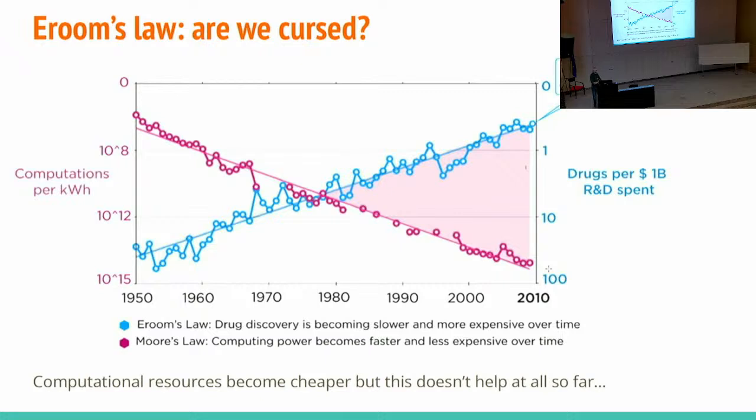Here you can see that the cost per drug actually increases exponentially. This is logarithmic coordinates. And up to 2010, you get a figure of about 1 billion for less than one drug. So one drug costs more than $1 billion on average. And this is a lot of money, and it's only getting worse.